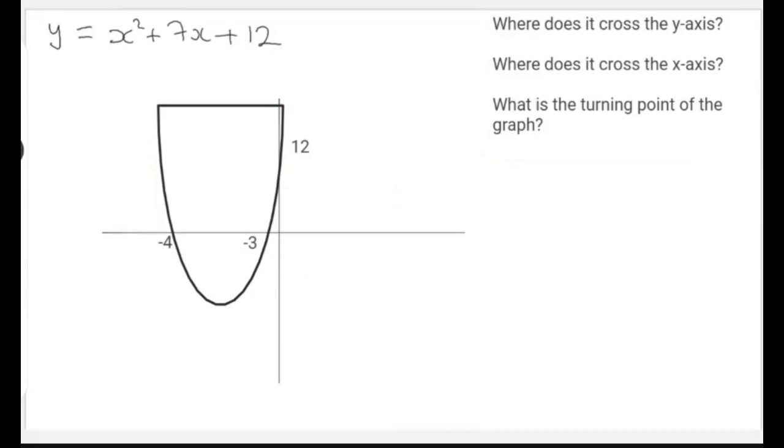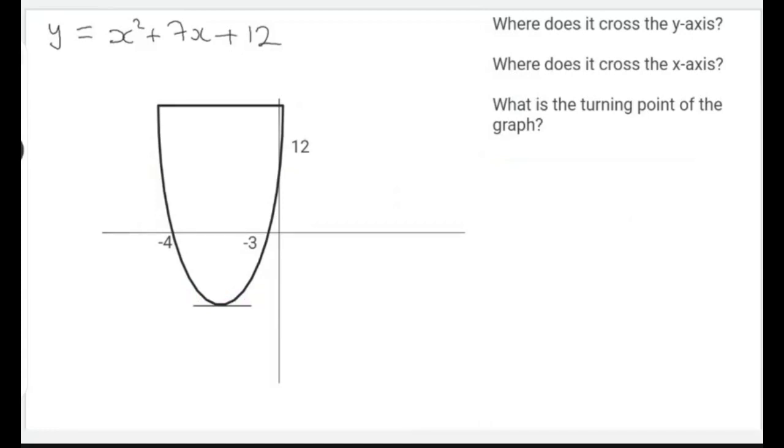I think that's the y-axis. I'm not really sure about the turning point. Okay. Do you know physically what the turning point looks like on the graph? Oh yeah, it's this bit here. Mm-hmm. Cool.